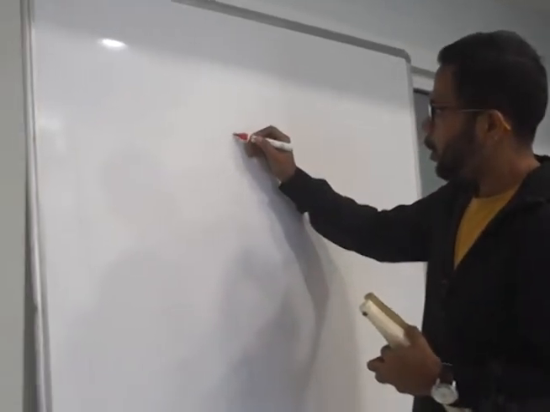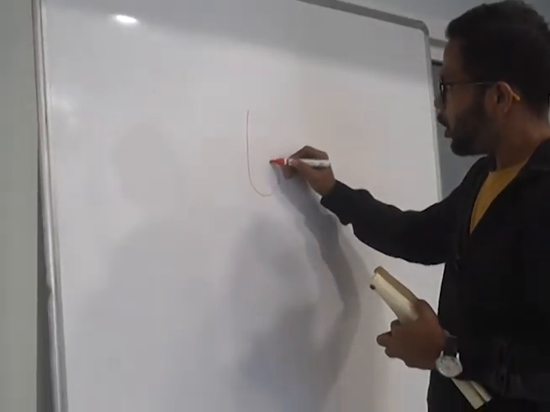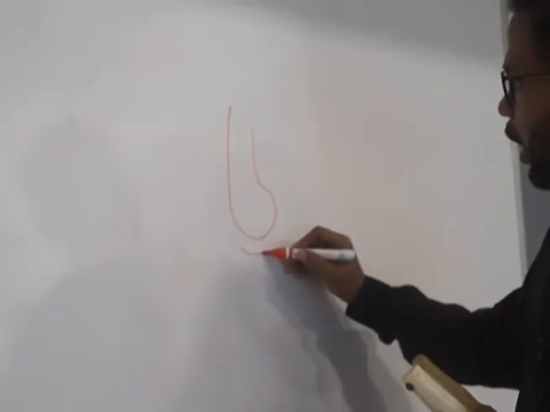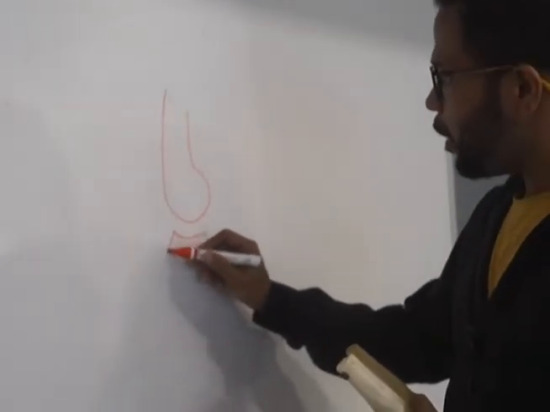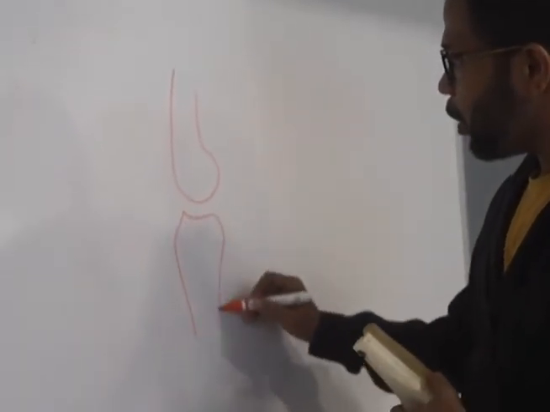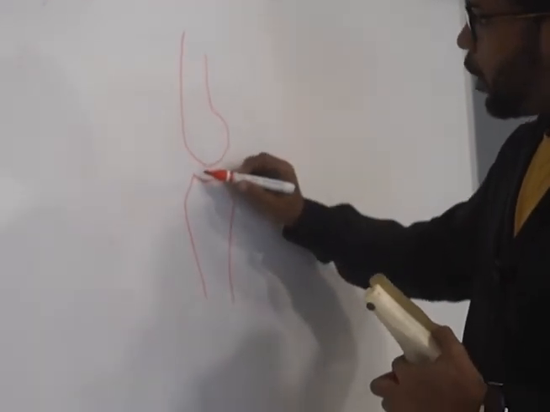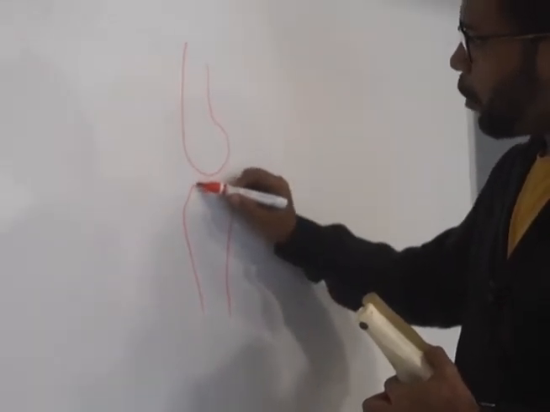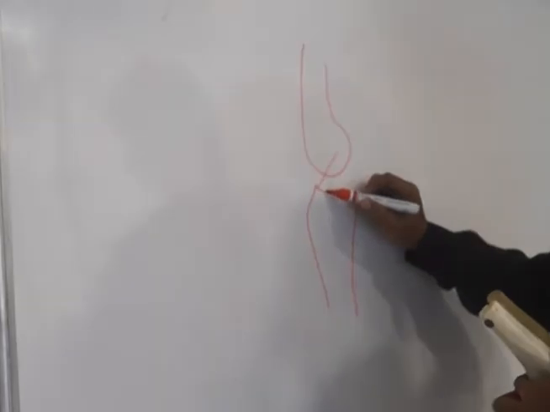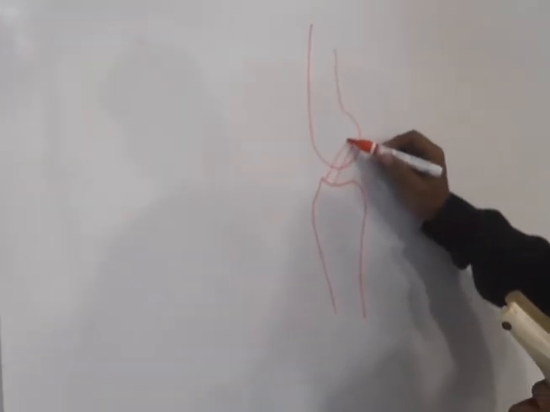Okay, let me draw it for you. This is the thigh bone and this is the leg bone. So the normal ACL extends from the front of the leg bone to the back of the thigh bone like this.